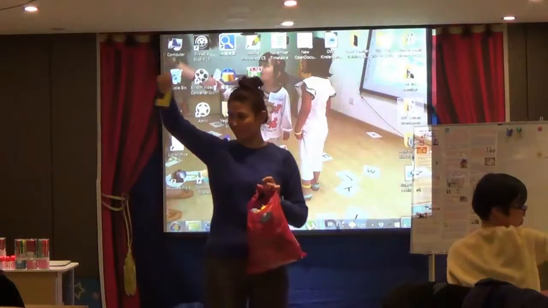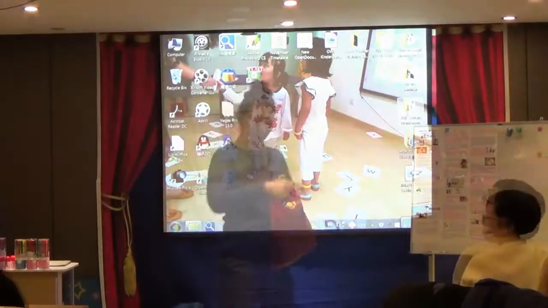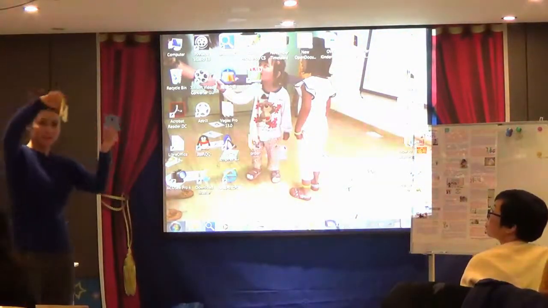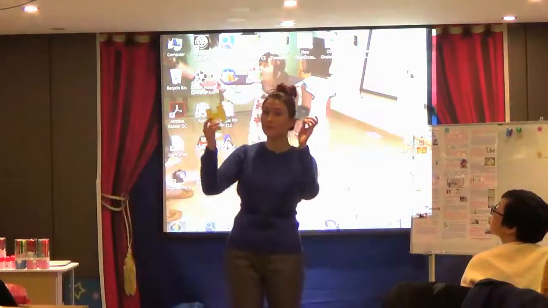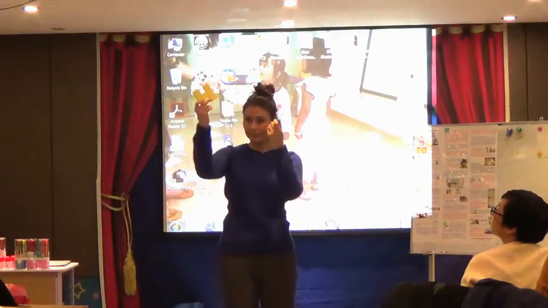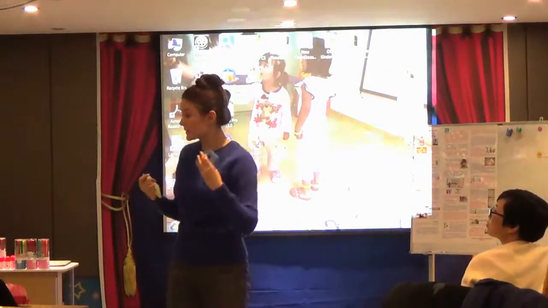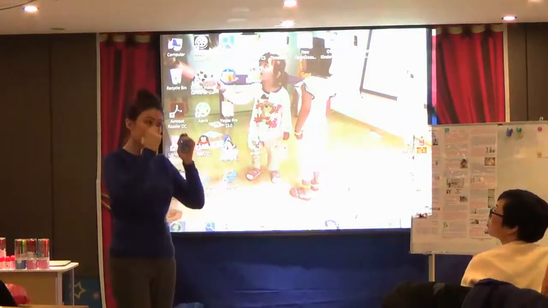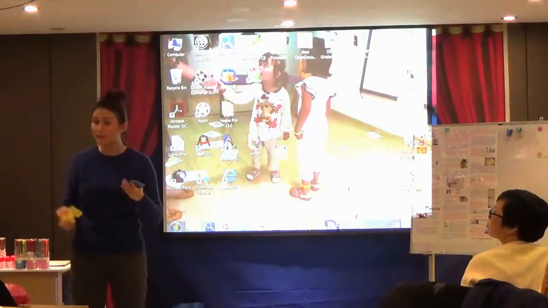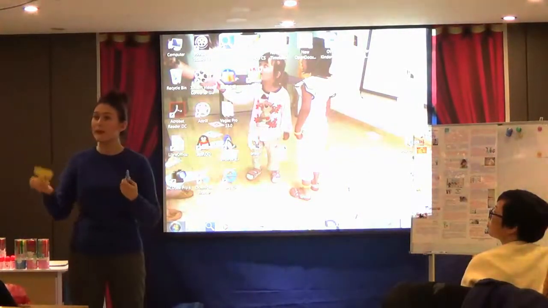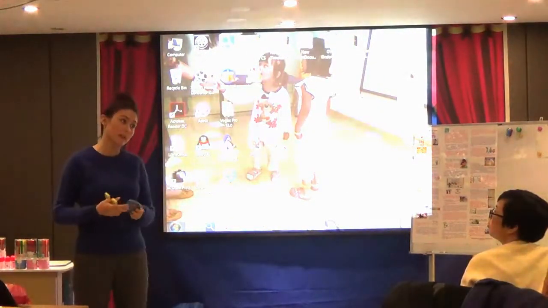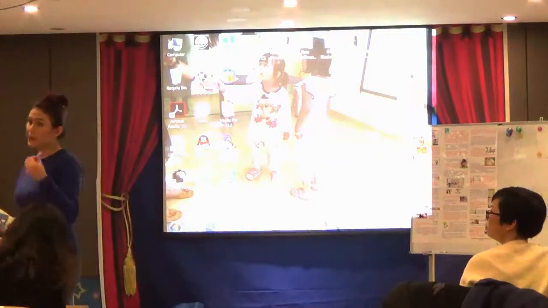Movable alphabet. There are letters, big letters, small letters, made on soft paper. They're quite big. So when your kids more or less learn what it looks like, you can feel it, you can use your movable alphabet. So that's the next step after the sandpaper letters.